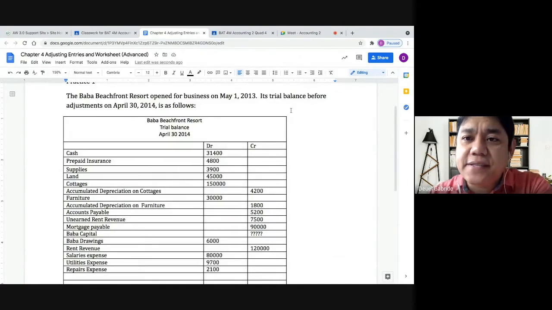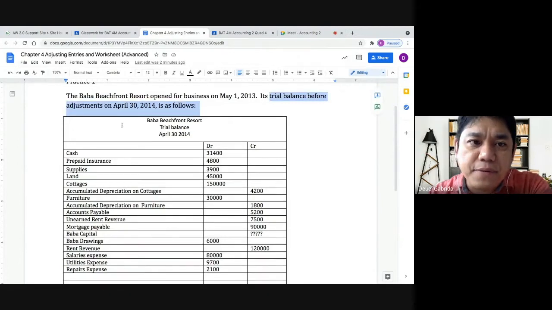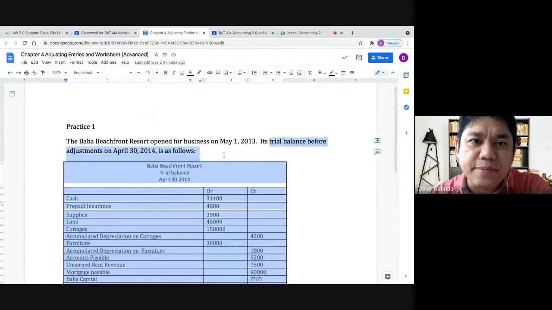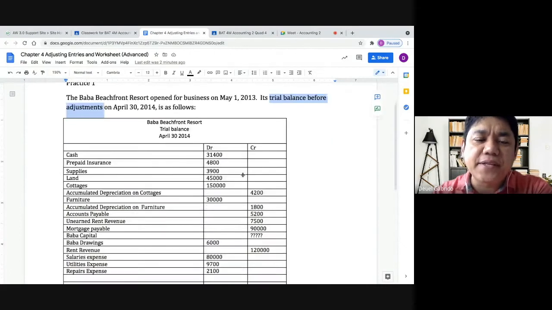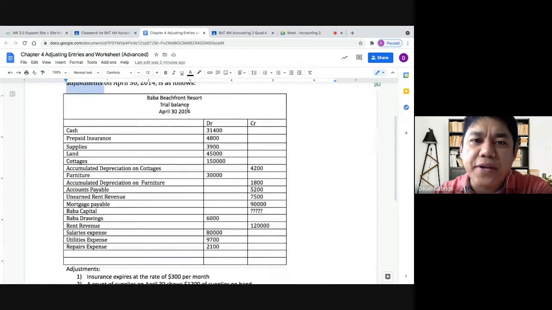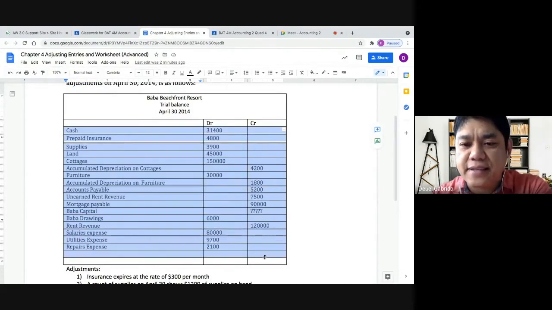So it says here, trial balance before adjustments on April 30. Meaning, the numbers here, although it's April 30th, 2014, some of these numbers are not adjusted yet.